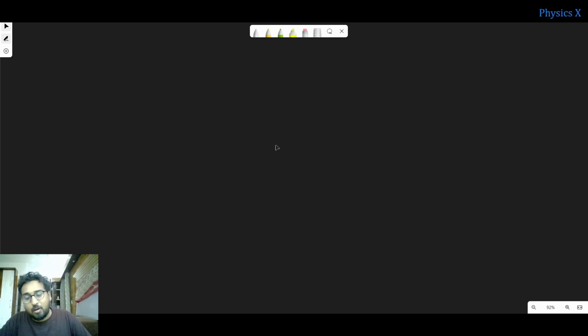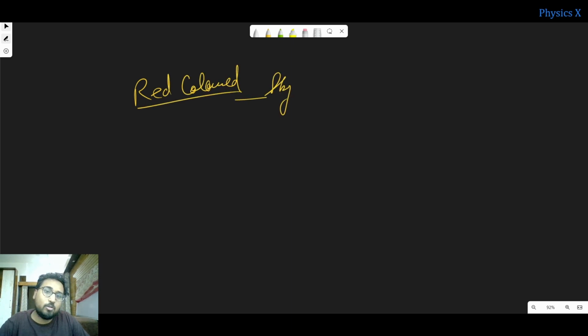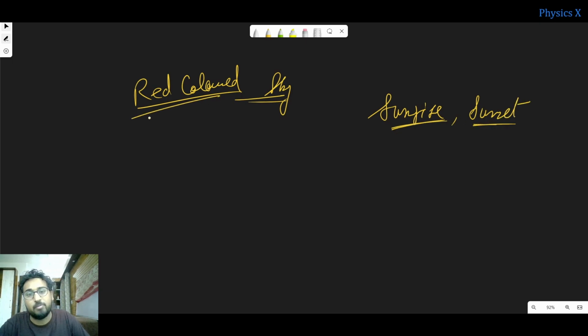And also there is the case of a red colored sky at sunrise and sunset time. At sunrise and sunset, you can observe that the sun sometimes appears red and the sky is also appearing red. Why is that the case?